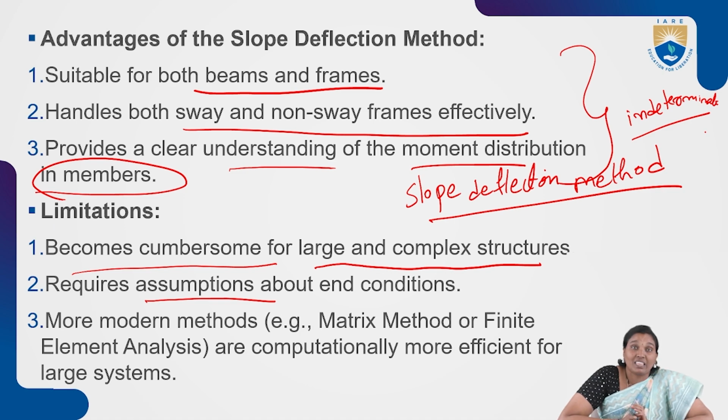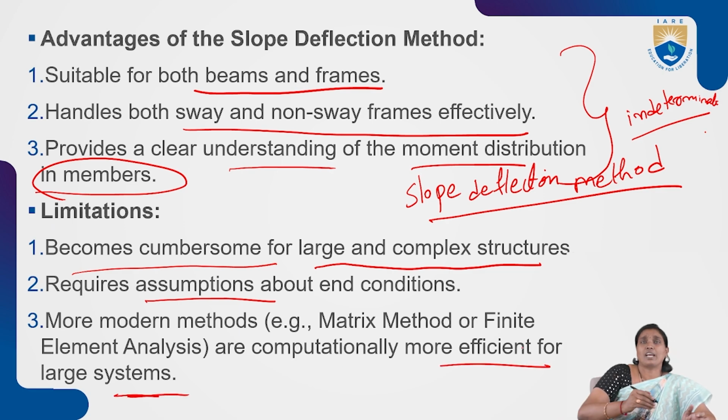And for modern methods, we have a few modern methods. This is one of the traditional ones. Already we discussed that it is a classical method, so it is a traditional one. A few more models like the matrix method or finite element analysis are computationally more efficient for larger systems compared to this slope deflection method.